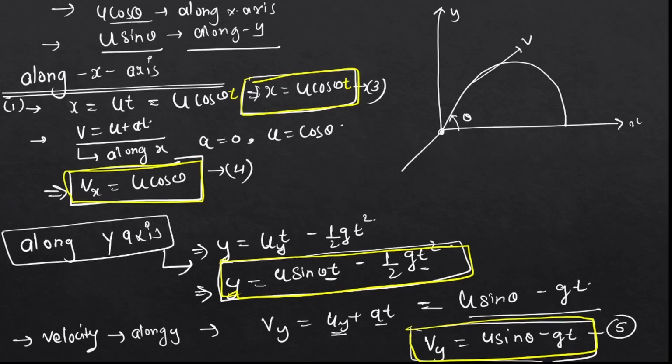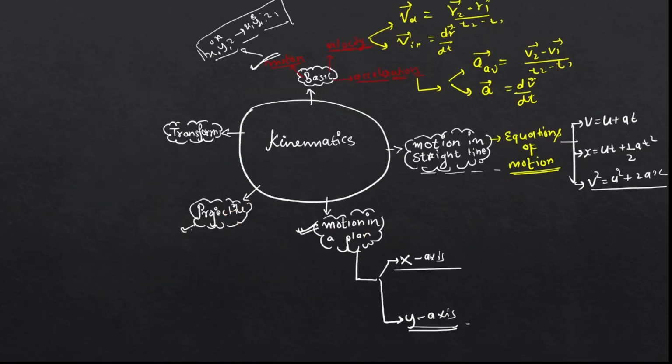So let us put these formulas in this mind map. So what we did, just a few things. First was our motion along x and along y. Second thing was time of flight, right?